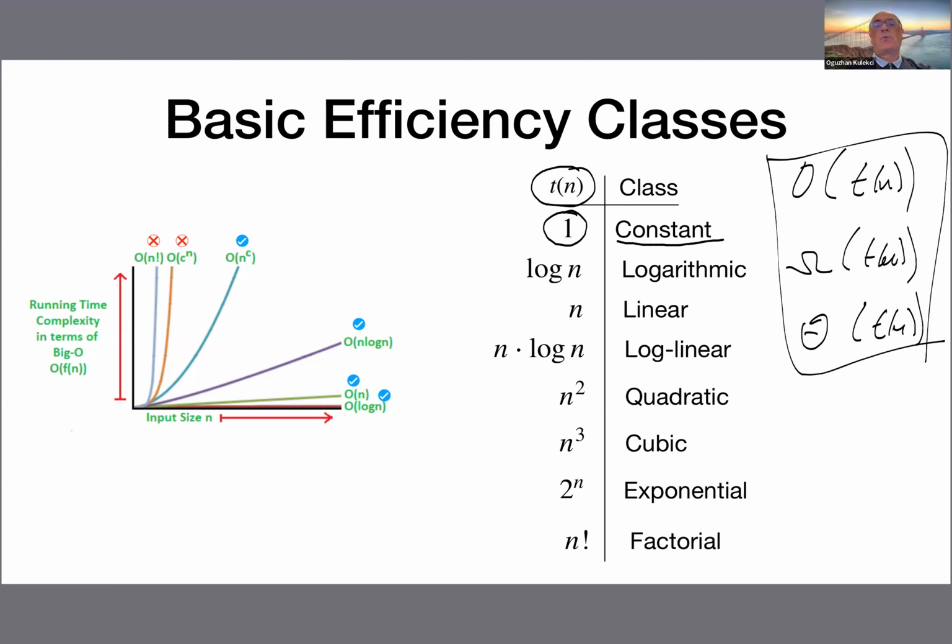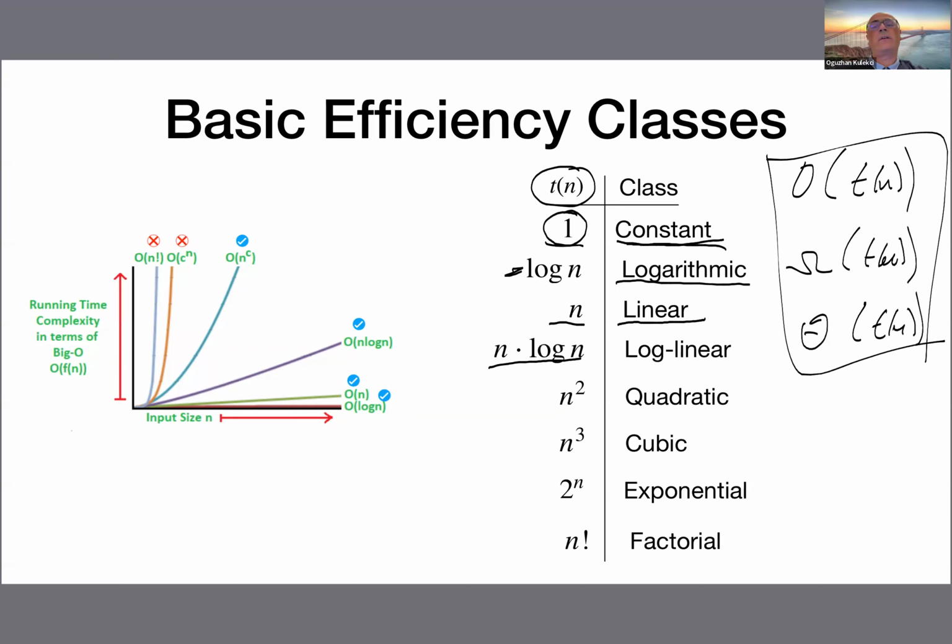If T(n) is equal to 1, we say that this is constant time. What is worse than constant is the logarithmic case. If T(n) is equal to log n, then we call this logarithmic. When it becomes n, we say that it is linear.